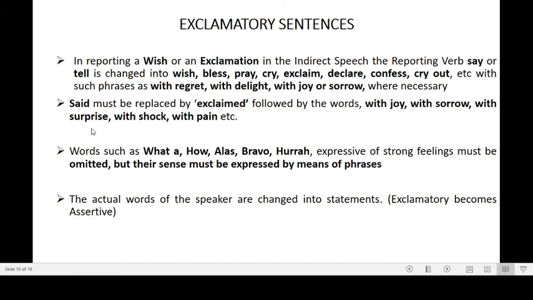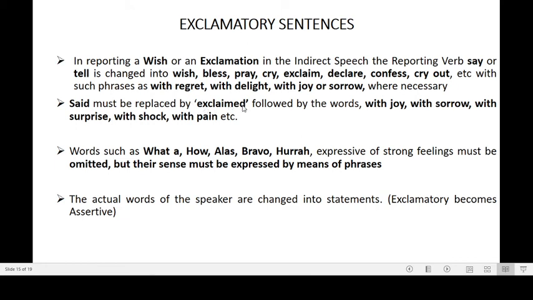Here, in a simple way we can say said must be replaced. Here we should not use the word said like how we use the word said in an assertive sentence. But in these types of sentences we should not use the reporting verb said. Instead we should use the reporting verb exclaimed.